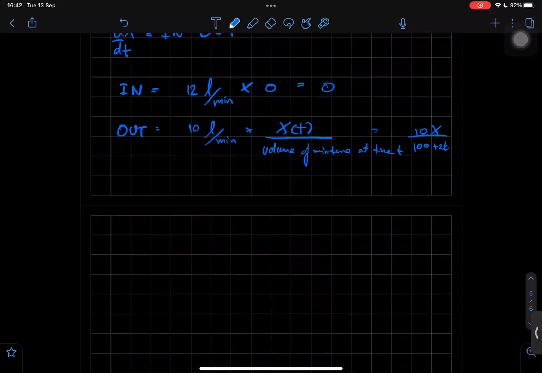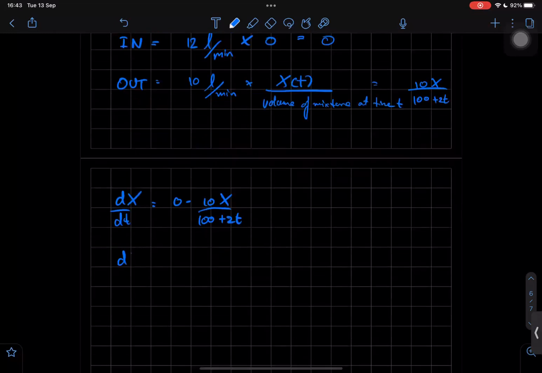Okay. So now we can solve this differential equation. 10x over 100 plus 2t, right.